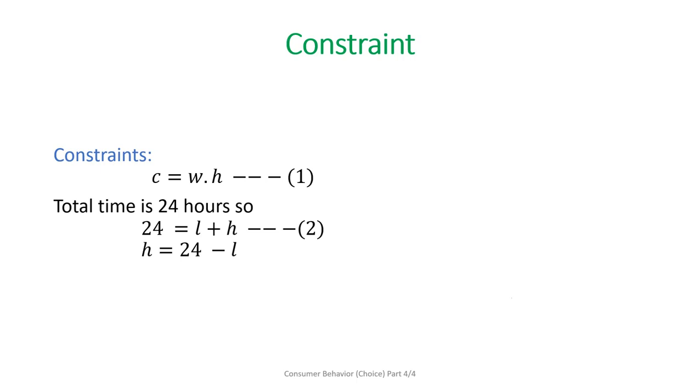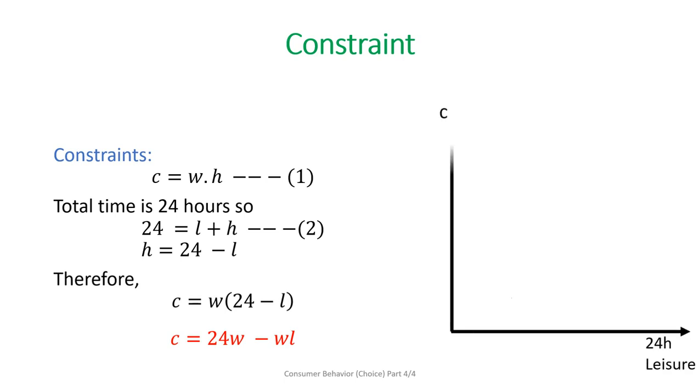Replacing it in equation 1, we can have C equal to 24W minus WL. As we are representing consumption on the y-axis and leisure on the x-axis, the 24W is the intercept on the y-axis and W is the slope of this curve.